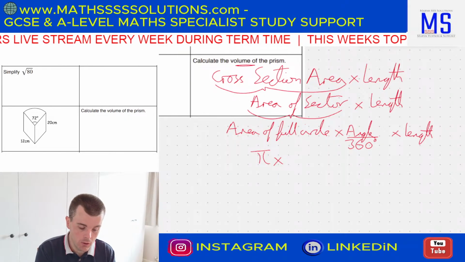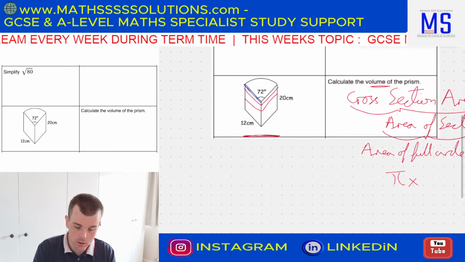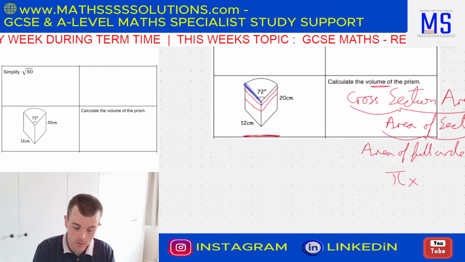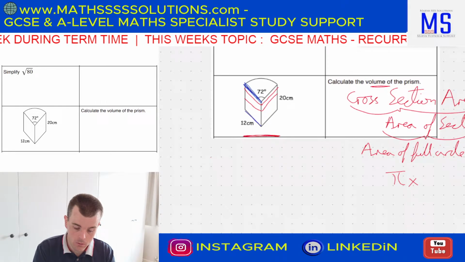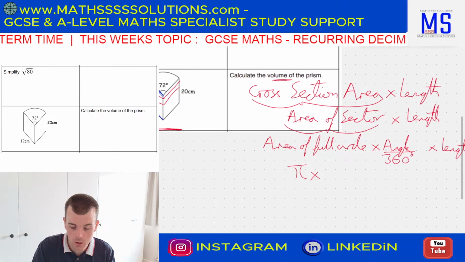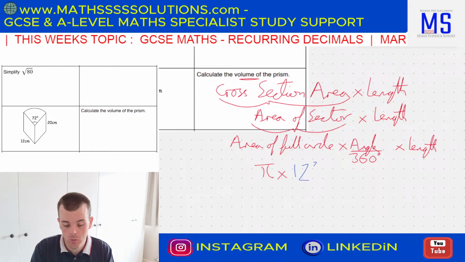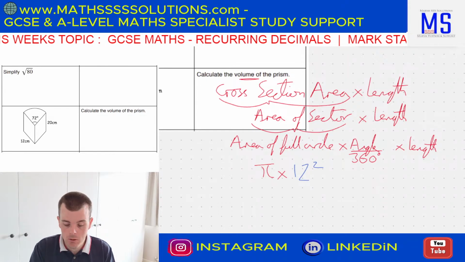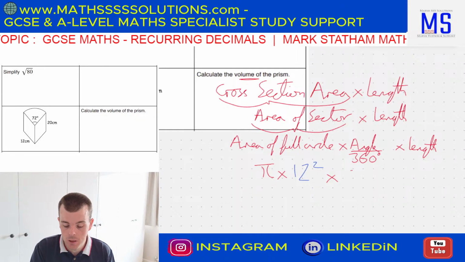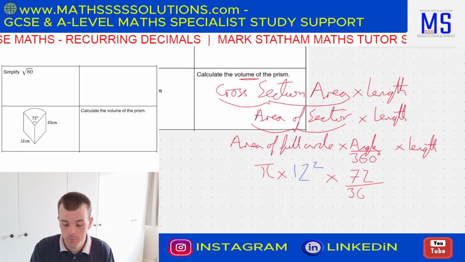It is 12, because this length here that I'm going over in blue is labelled here, which is 12. That's the distance from the centre of the circle to the outside. So that will be pi times 12 squared. And then you times it by the angle of the sector, which is 72 degrees, out of 360.